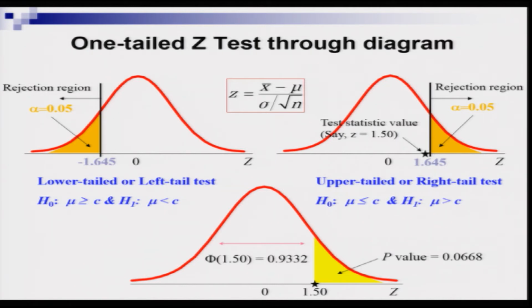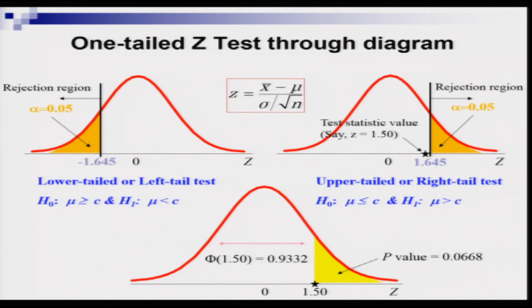So, here let us come back to the upper tailed or right tailed test case, and here you see the test statistic value is 1.5 as I have assumed in the previous right tail test example.